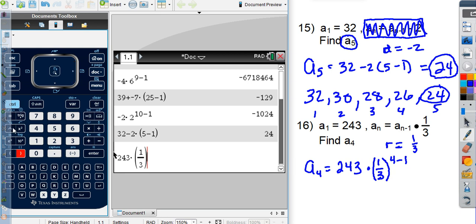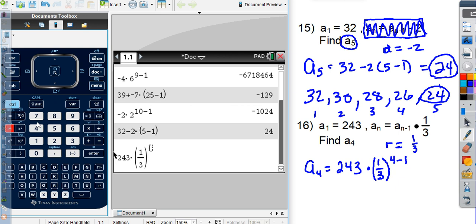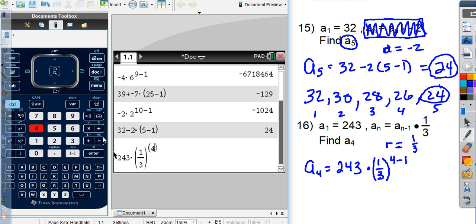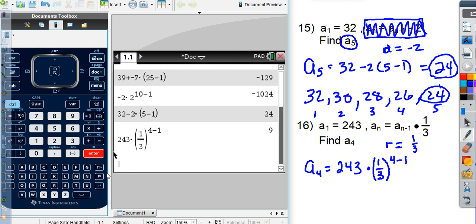Then the exponent, and I like to put these in parentheses too: 4 minus 1, close parentheses, enter, and you can see I get an answer of 9.